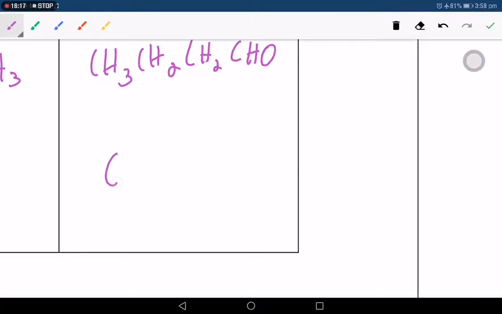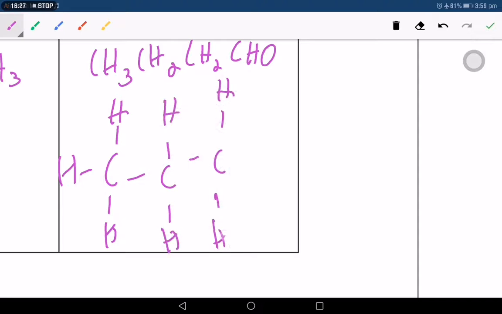Here is again CH3. This can in no way be chiral. CH2. So again, whenever there's a CH2 involved, we cannot have one. But however, can we have it here?